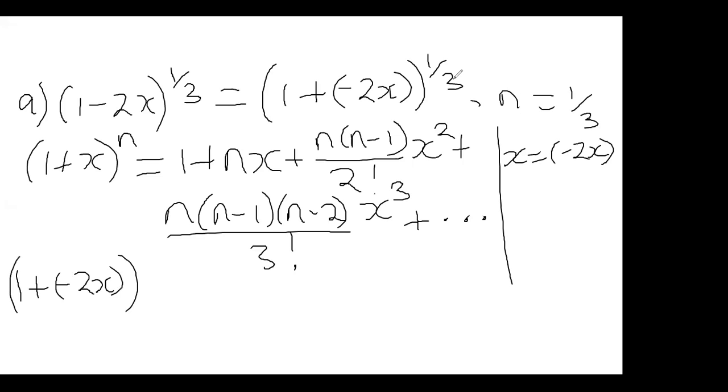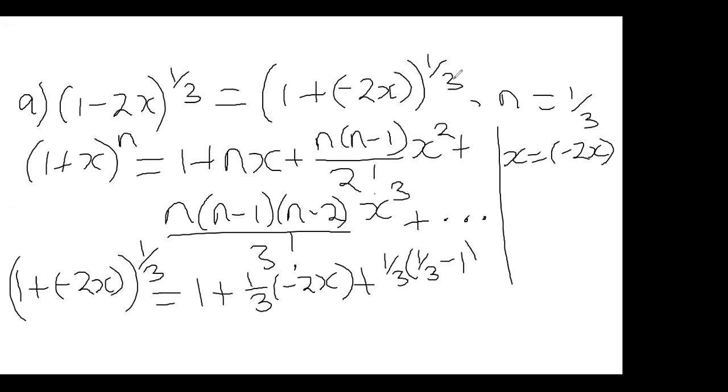to the power 1/3 is equal to 1 + n, which is 1/3, times x, which is now -2x. That's the second term. Then plus n, which is 1/3, times (1/3 - 1) over 2 factorial, then (-2x)^2.